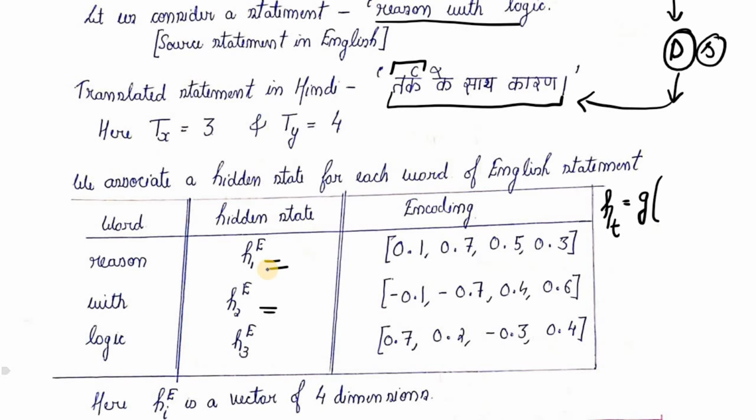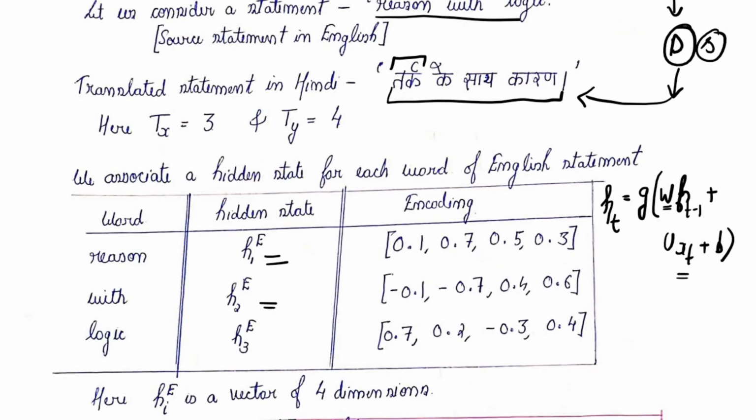We have HT equals W times HT minus 1 plus U times XT plus B. We have this XT over here, we have U over here. W is a parameter which will be calculated in the forward and backward pass, HT minus 1 is the hidden state corresponding to the previous state, and B is the bias. So this is exactly how the encoding corresponding to each word, the hidden state, will look.